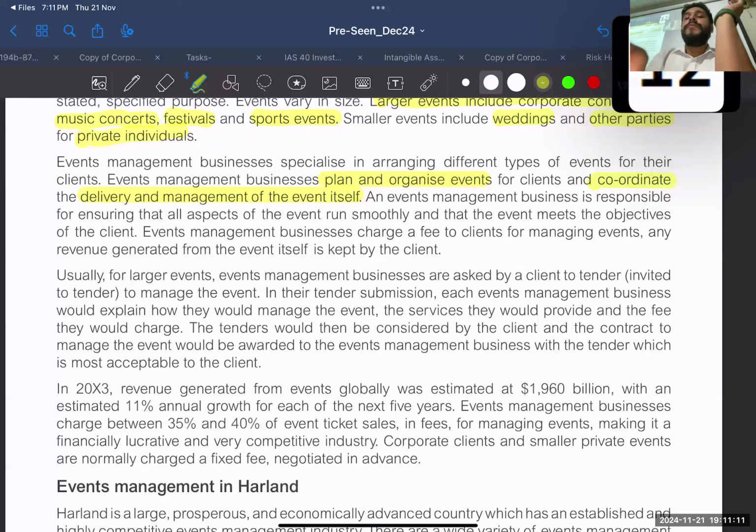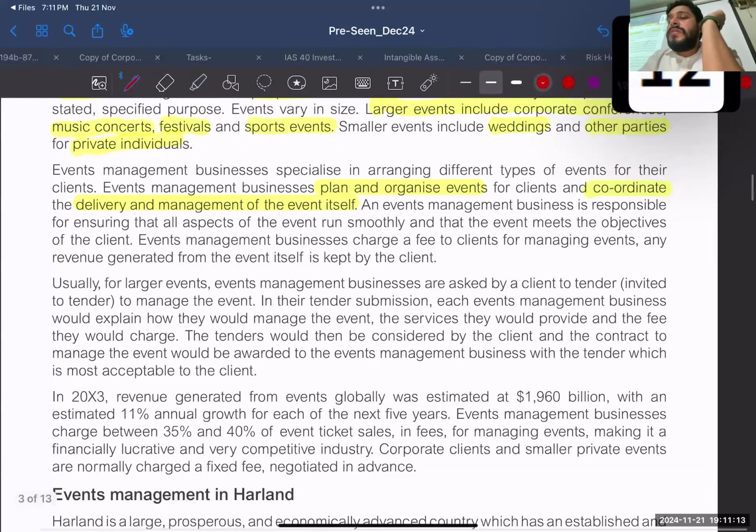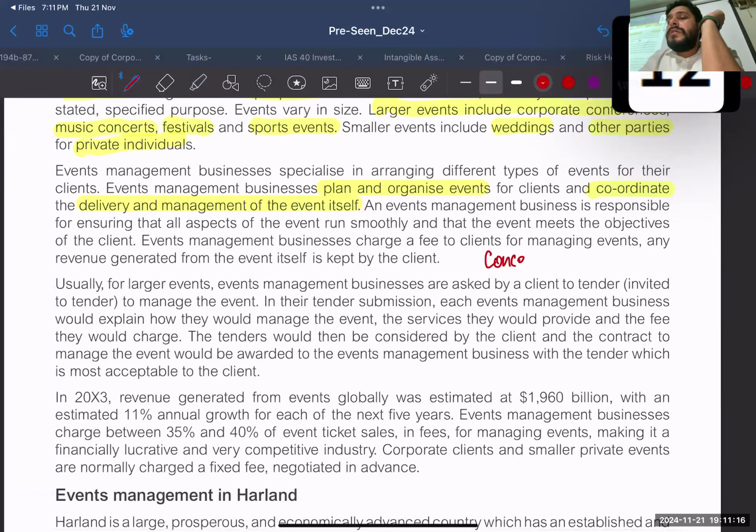Sir, you know what? If I'm going to arrange a concert, let's suppose I'm charging 1 million for the concert. Now, I have arranged the concert. I have set the stage. I have set the entire function of the concert, the decoration, the chair arrangement or the people's arrangement, the bouncers, the safety, the security, walk through gates, each and everything.